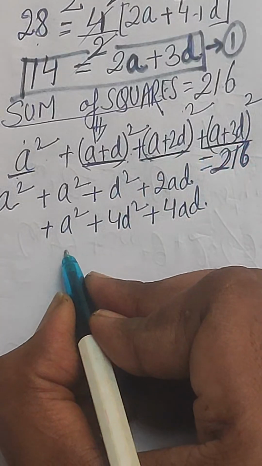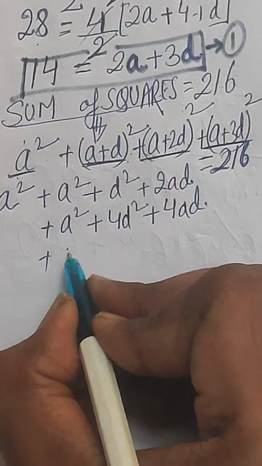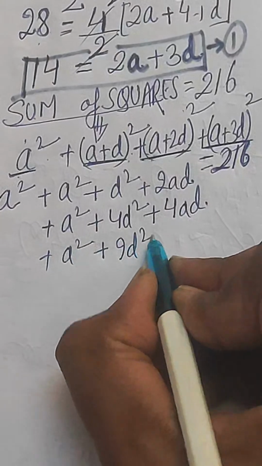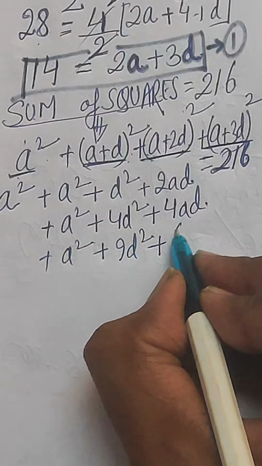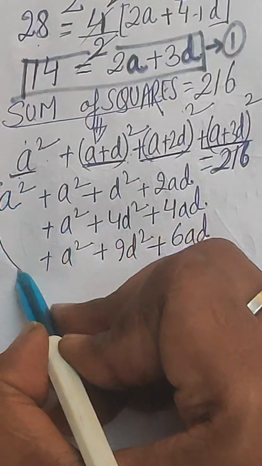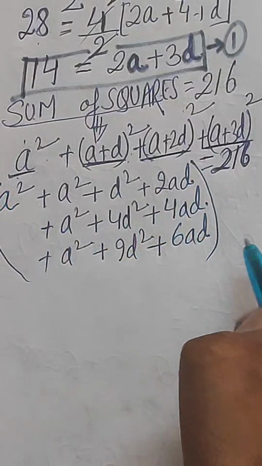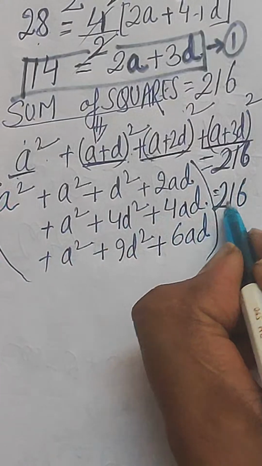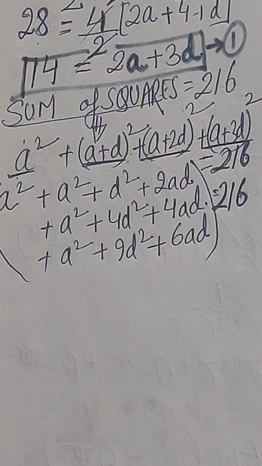So this will be giving you a square plus 9d square plus 6 times ad, and all this will be adding up to give you nothing but 216, right?